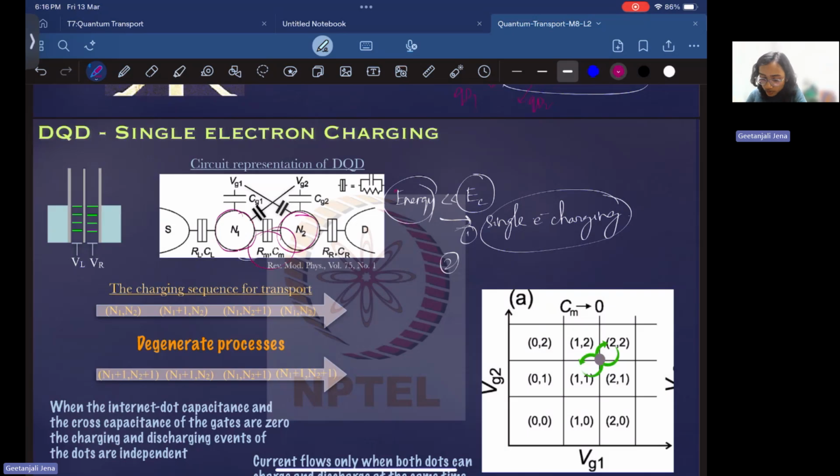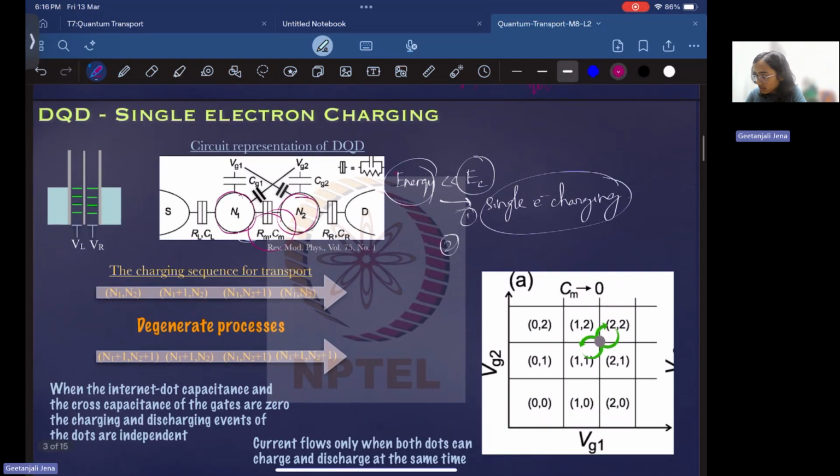So if either one of these quantum dots is in the Coulomb blockade region, the total transport is completely blocked. So there won't be any transport if either one of these quantum dots is in the Coulomb blockade region.